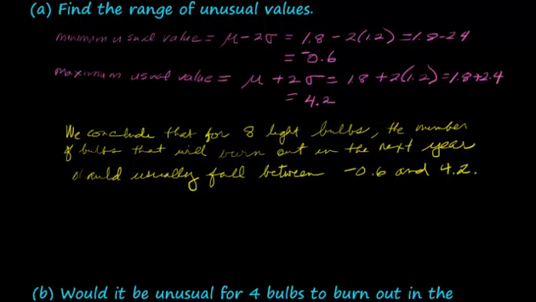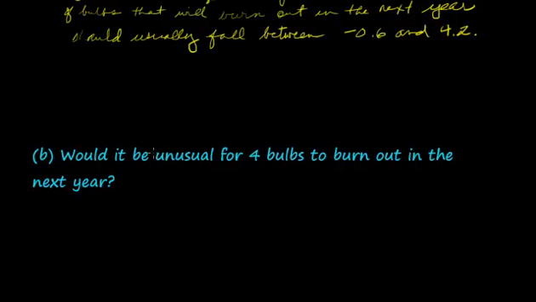It would be in the usual part, because 4 falls between negative 0.6 and 4.2. So would it be unusual? No. Since 4 is between negative 0.6 and 4.2, which we said is our usual range, 4 is in the usual range.